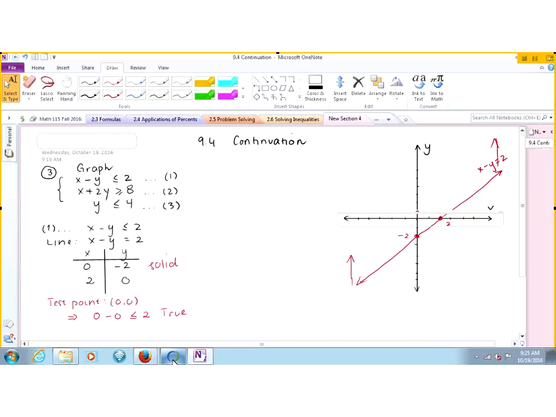That's fine, as long as you do it right away. Is it solid or dashed? This is solid.